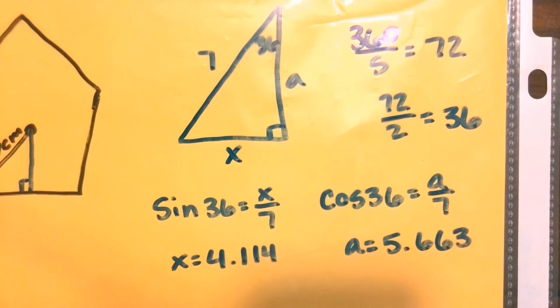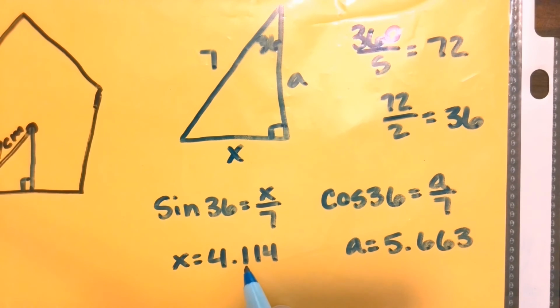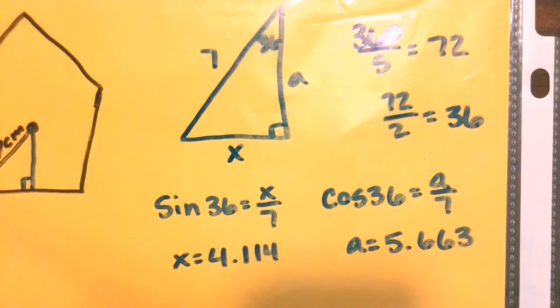And I do always have students that ask me, once they find one of these, if they're allowed to use Pythagorean theorem to find the other one. And yes, if you found the first one correctly, then using Pythagorean theorem should be fine. If you don't find that first one correctly though, it's going to make them both incorrect. I feel like once you do trig with one of them though, using trig for the other one is not too hard. I wouldn't want to use Pythagorean theorem at this point with that long of a decimal.